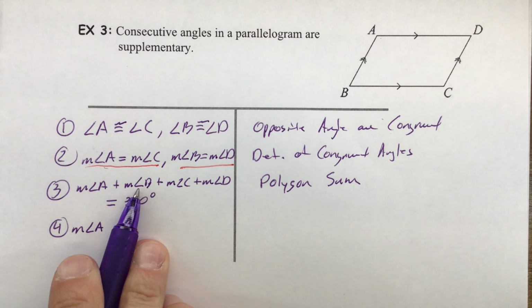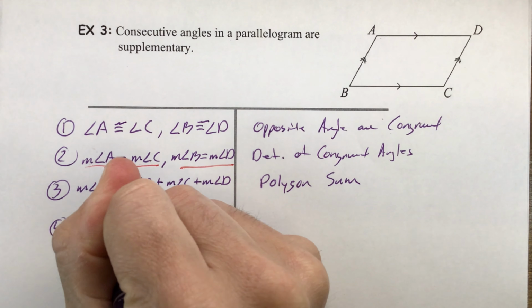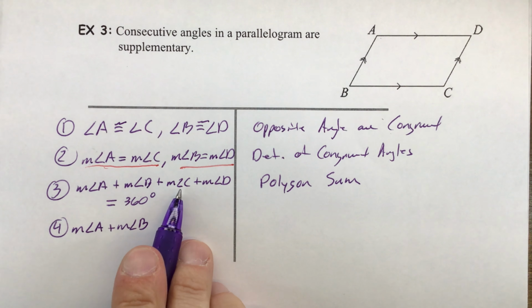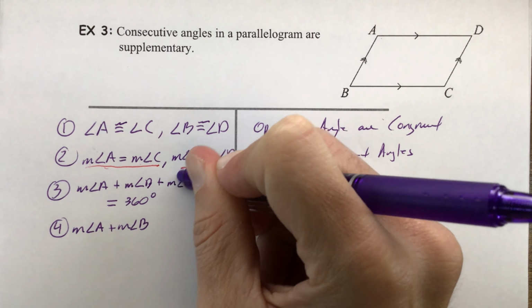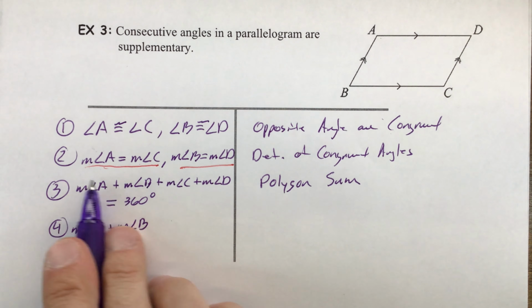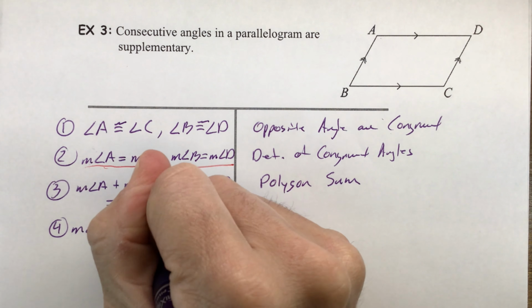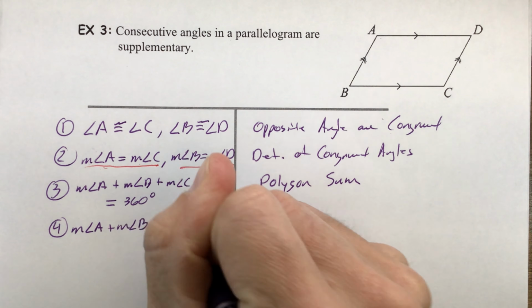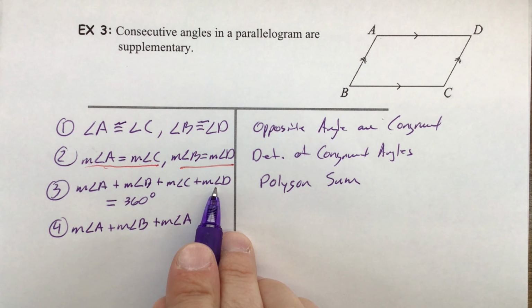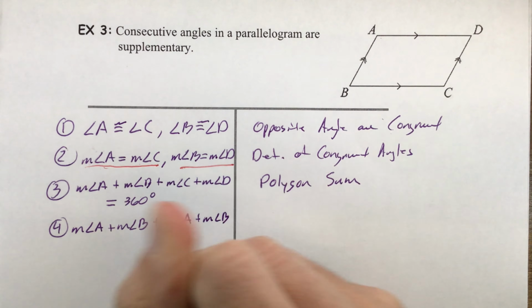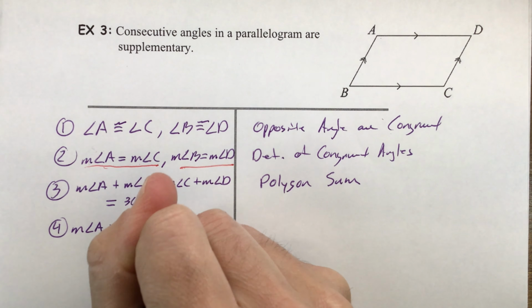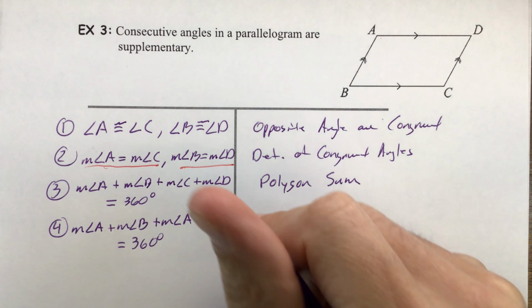I'm going to keep measure of angle B. But when I get here, the measure of angle C, I'm going to substitute in the measure of angle A. And right here, instead of D, substitute in the measure of angle B. And everything is still going to equal 360 because it's an even swap. Substitution.